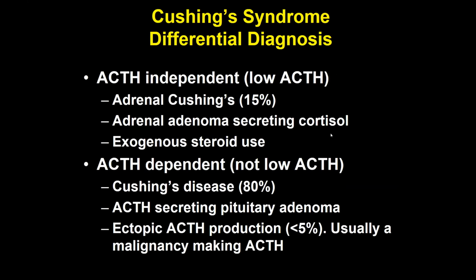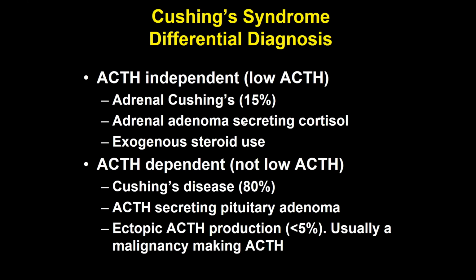And the differential diagnosis, when we look at this, the majority of patients with Cushing's syndrome, interestingly, are not adrenal Cushing's, but are actually what we call Cushing's disease, so ACTH dependent. So in a majority of cases, the pathology is actually in the pituitary, not in the adrenal. And again, drawing an ACTH at the time of diagnosis really helps tell these two apart.